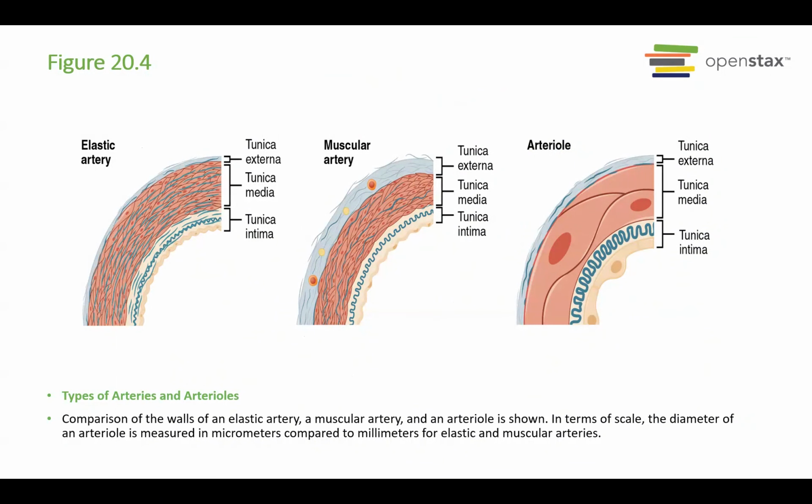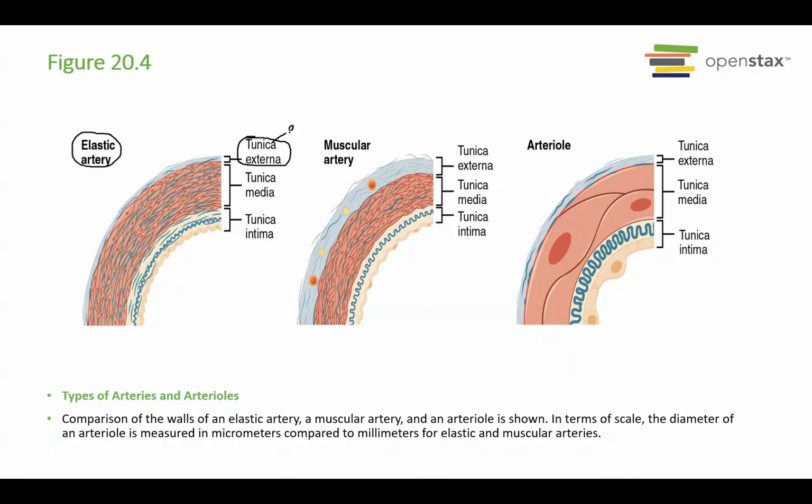Okay, now when we compare between the conducting artery and the distributing artery, you will see the difference over here. This is the elastic artery, which is the aorta and the pulmonary trunk. So this is the conducting artery. The tunica interna is stronger. The tunica externa, which is the fibrous connective tissue, is stronger and elastic.